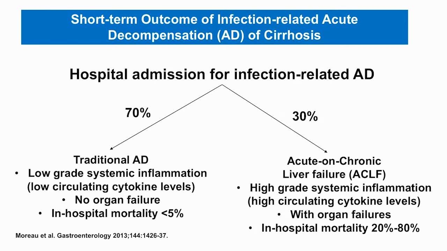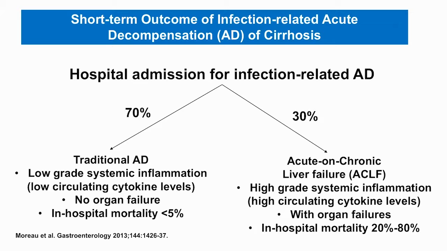And here I summarize our results in the CANONIC study regarding patients who are admitted for infection-related acute decompensation of cirrhosis. And as you can see, 70% of these patients have traditional acute decompensation because they have low-grade systemic inflammation, I mean low circulating cytokines.